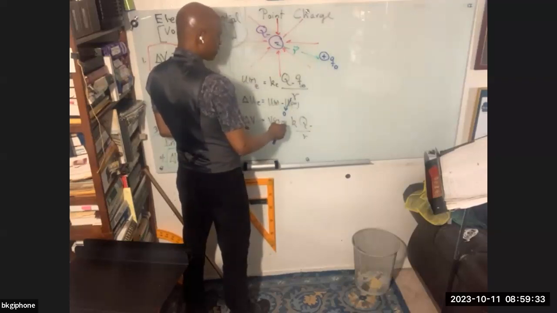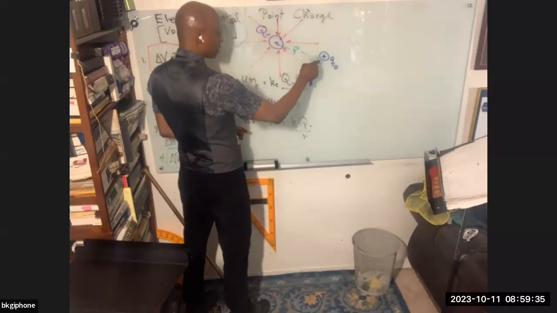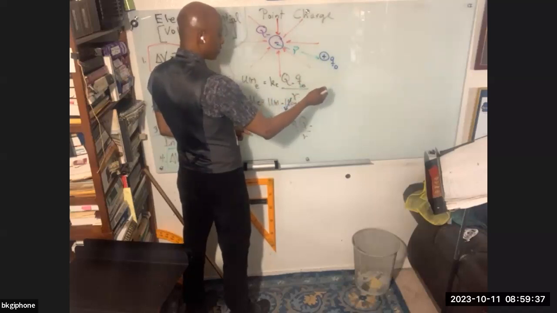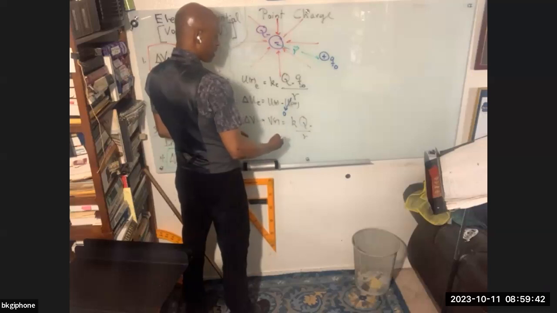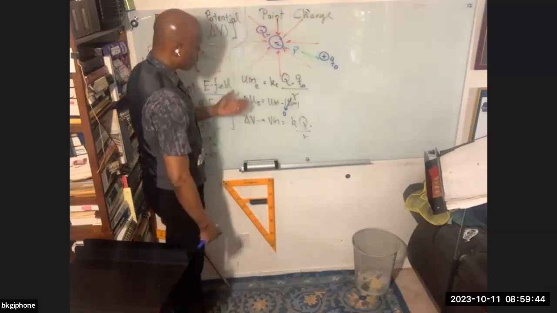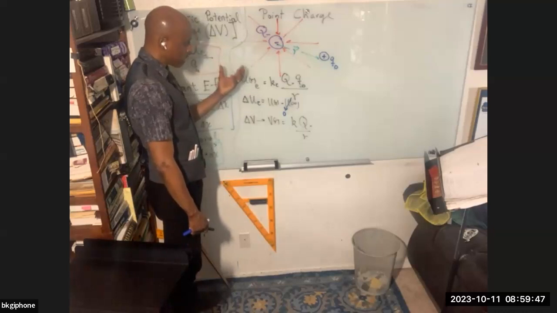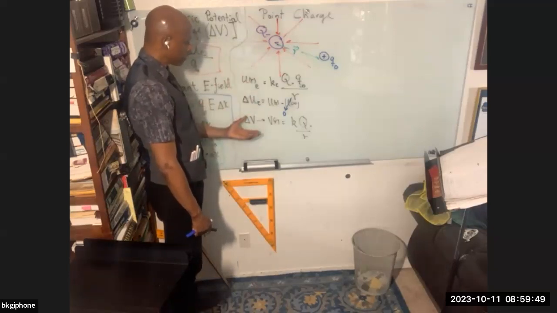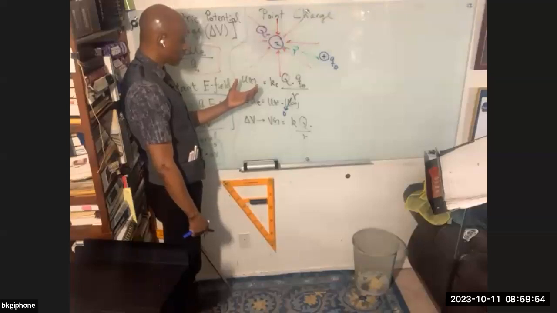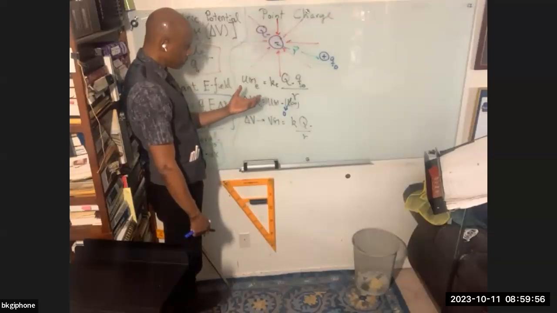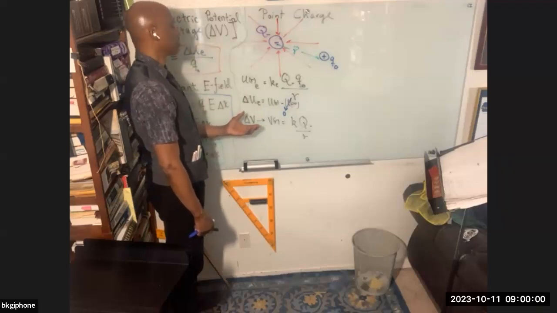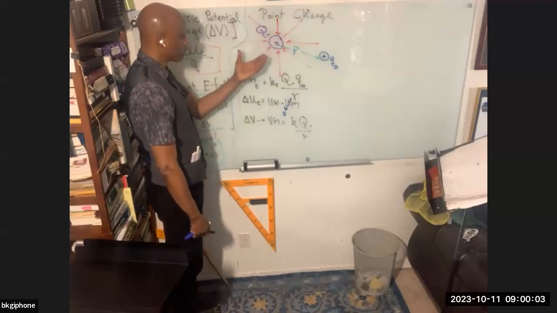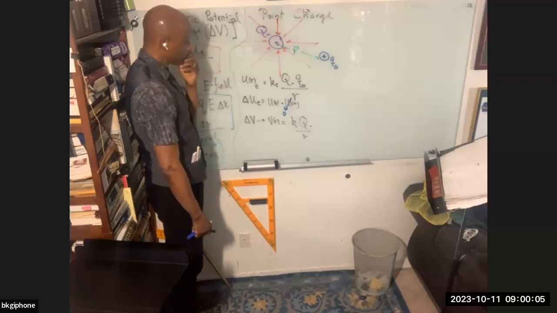That value of potential is that value at that point in space where the charge just happens to be, because you see Q naught is not associated with the formula for electric potential at all. So whereas electric potential energy is about the system comprised of both the charge setting up the field and the test charge, electric potential is really just about the space surrounding the charge setting up the field.